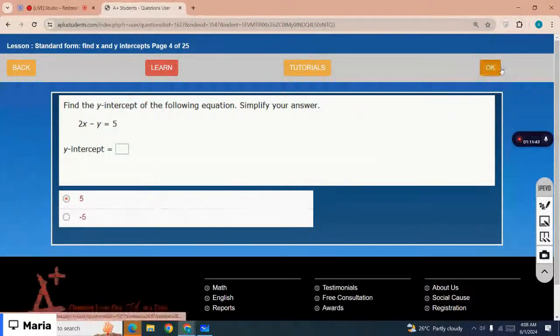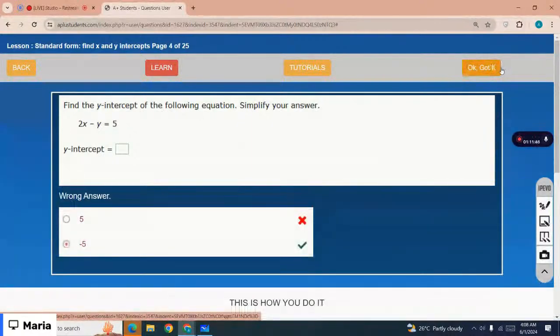Got it? Sorry, negative 5 it is, not 5. Okay, got it.